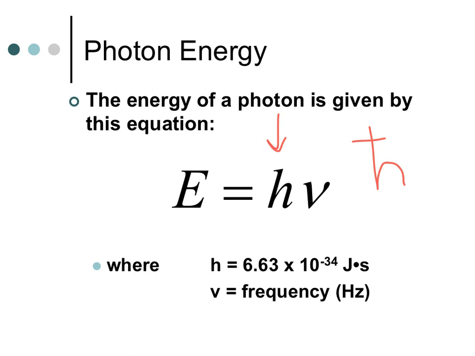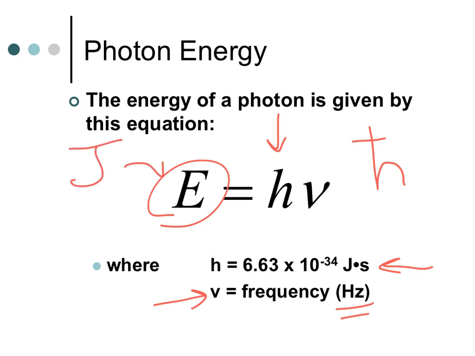Planck's constant is just like the speed of light, always the same number. Constants don't change, so we're just going to plug in this number anytime we see Planck's constant. It's going to give us the frequency and we solve for the energy, or vice versa. And you can see here that the unit for frequency is still hertz. If you didn't know, the unit for energy is the joule.